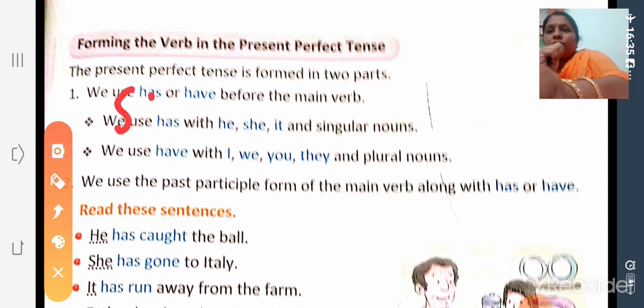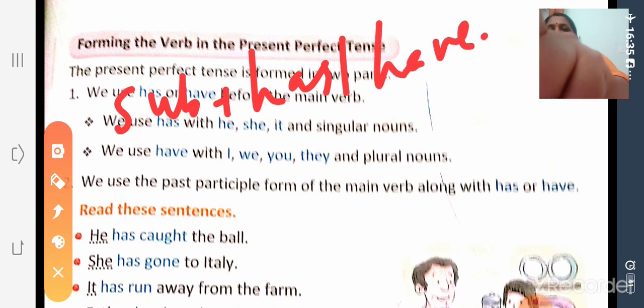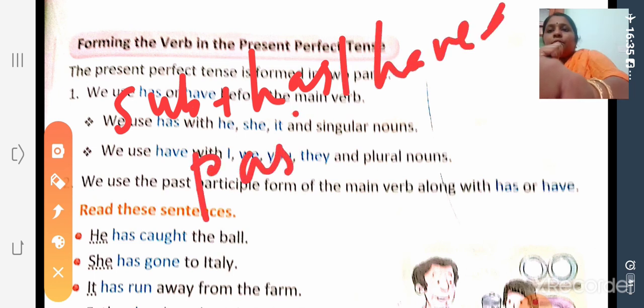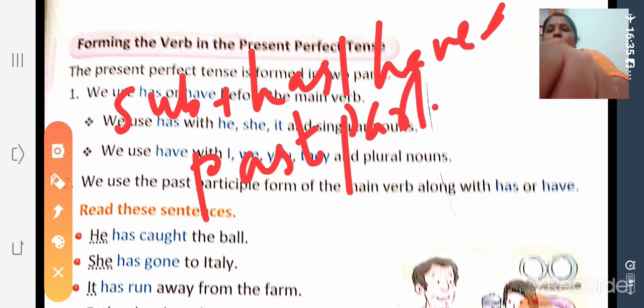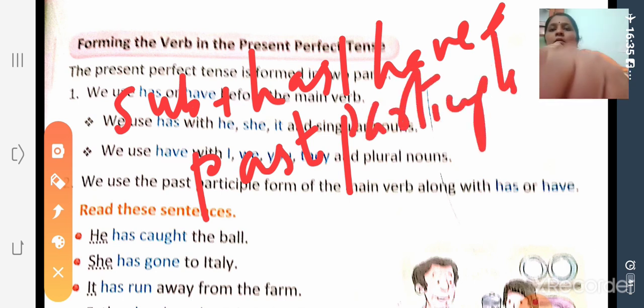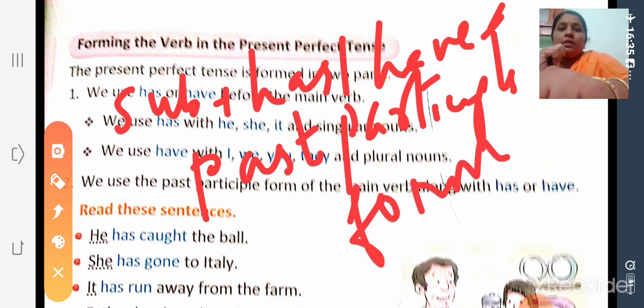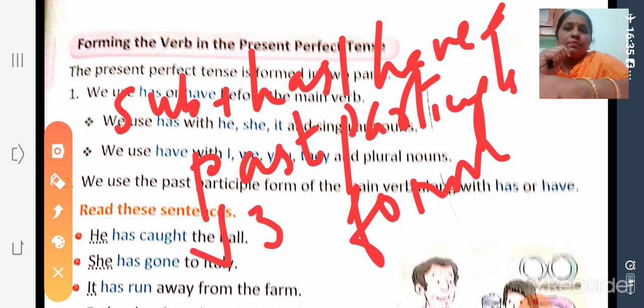Okay, subject plus has or have plus past participle form. പാസ്റ്റ് പാർട്ടിസിപ്പിൾ ഫോമൊക്കെ അറിയാവോ? ടീച്ചർ കഴിഞ്ഞ വർഷം പഠിപ്പിച്ചു തന്നതാണ് പാസ്റ്റ് പാർട്ടിസിപ്പിൾ ഫോം. കുറേ വേർബിൻ്റെ പാസ്റ്റ് തേർഡ് ഫോം, ഫസ്റ്റ് ഫോം, സെക്കൻഡ് ഫോം, തേർഡ് ഫോം. V3 ഫോമിനെയാണ് പാസ്റ്റ് പാർട്ടിസിപ്പിൾ ഫോം എന്ന് പറയുന്നത്. തേർഡ് ഫോം ഓഫ് ദ verb. Subject plus has or have plus past participle. It is a completed action, so we use past participle of the main verb along with has or have.